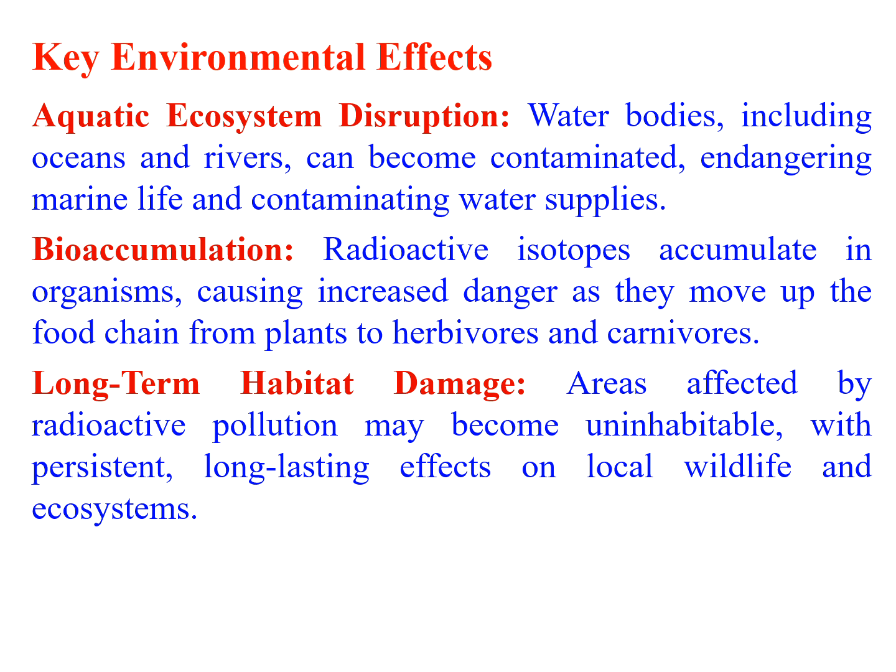The radioactive isotopes accumulate in organisms, causing increased danger as they can move up the food chain from the plants to herbivores and carnivores. The third is long-term habitat damage. The areas affected by radioactive pollution may become uninhabitable, with persistent and long-lasting effects on local wildlife and ecosystems.